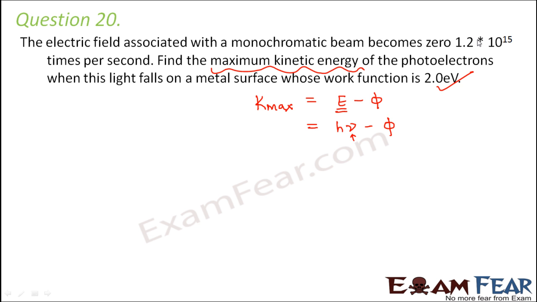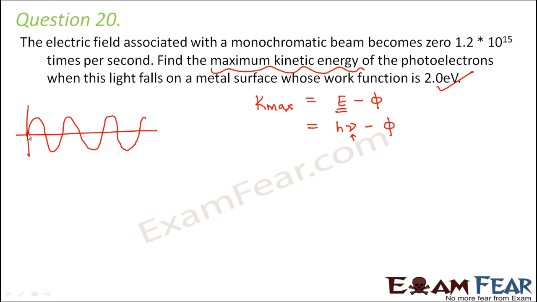What is given in the problem? It says that the electric field becomes 1.2 into 10 to the power 15 times per second. The variation of electric field happens somewhat like a sine curve. Now if you observe a sine curve, just observe any one period.